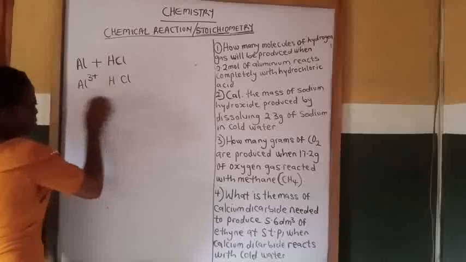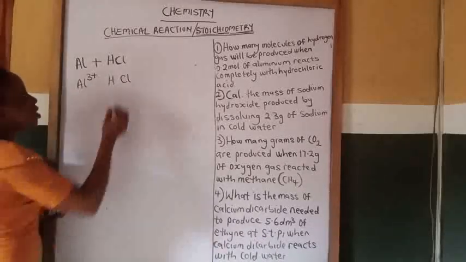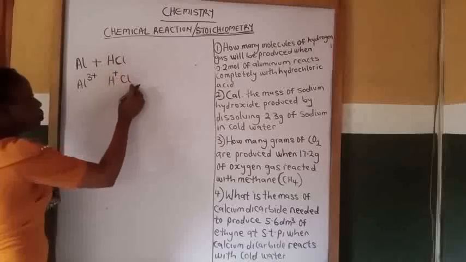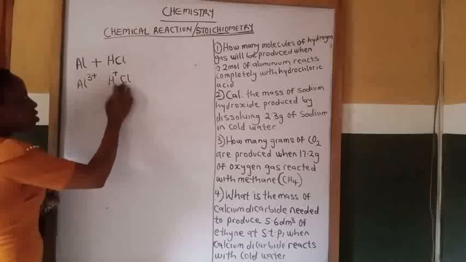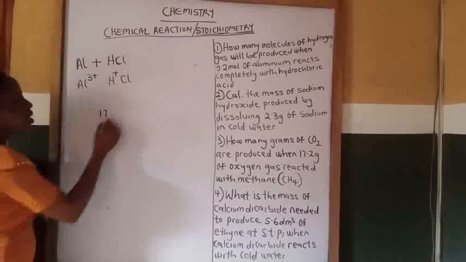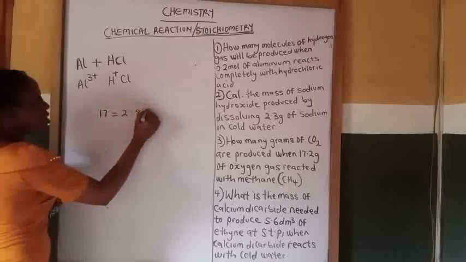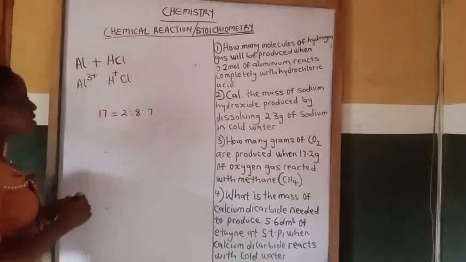Then hydrogen is number 1. The charge on hydrogen is plus. Then what about that of chlorine? Chlorine is number 17. The first shell carries 2, the second carries 8, then the third carries 7.